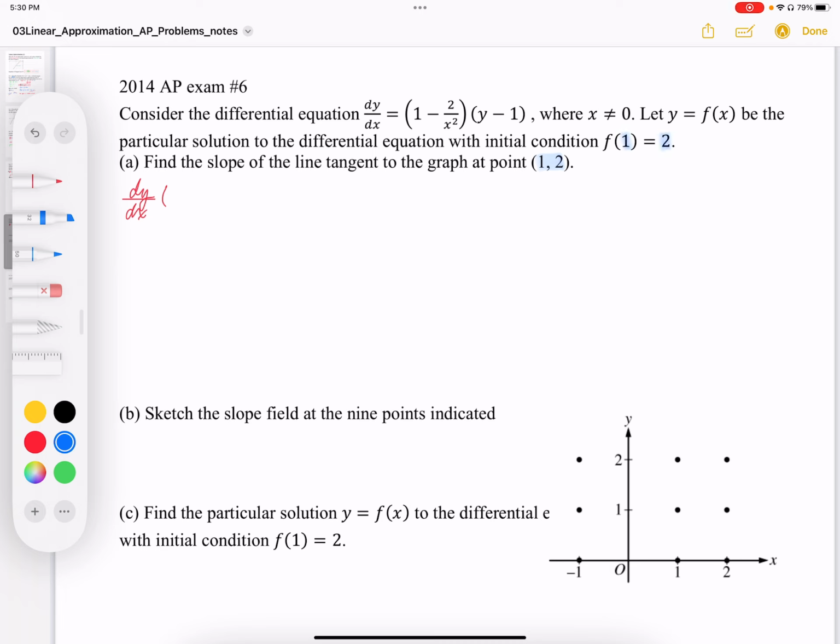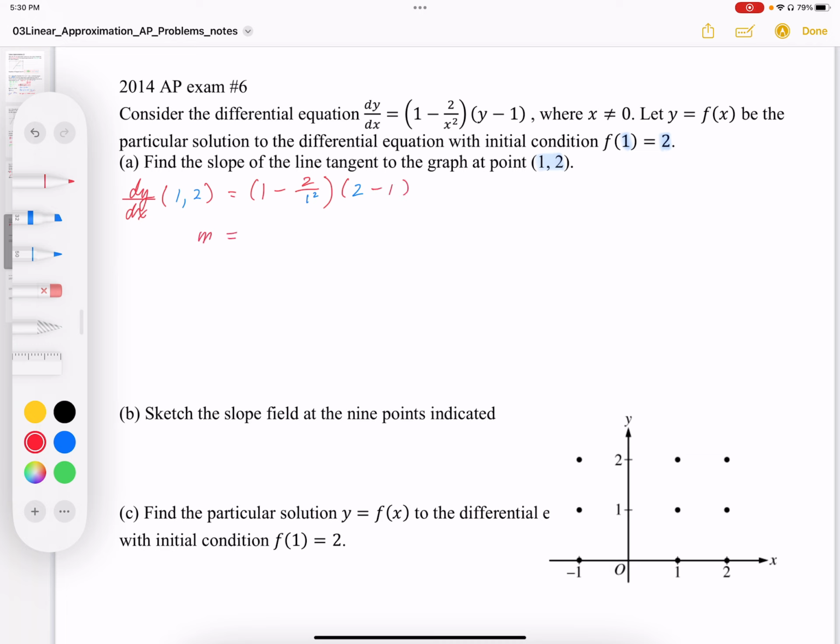Okay, so at x equals 1, y equals 2, we're going to calculate the slope value. So this becomes 1 minus 2 over 1 squared, times the y coordinate, which is 2, so plug that in, 2 minus 1.